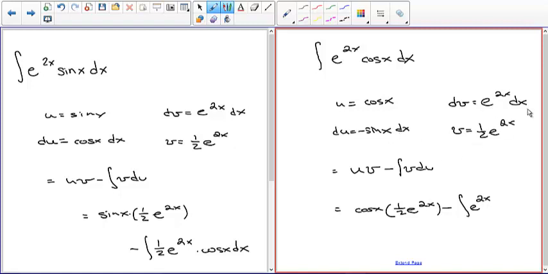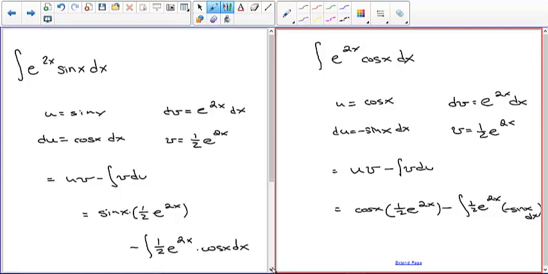Wait a second. Nope, it's v. I pointed to the wrong thing. So I'm going to have 1/2 e to the 2x, that's v, and du is equal to negative the sine of x dx. And then I can plug that in over here.